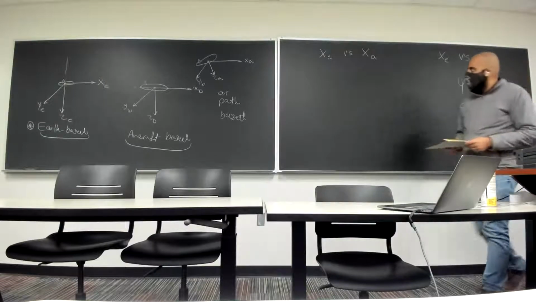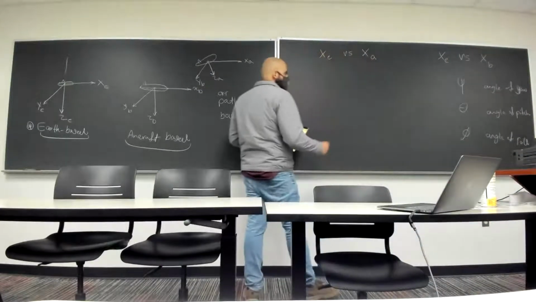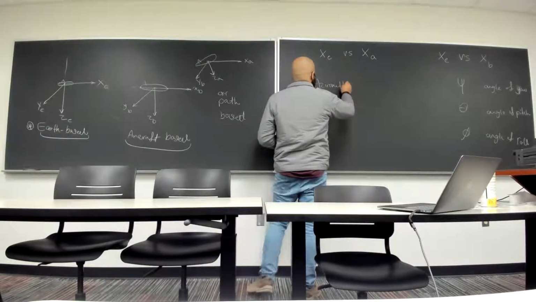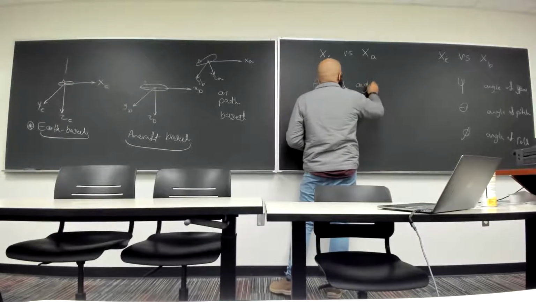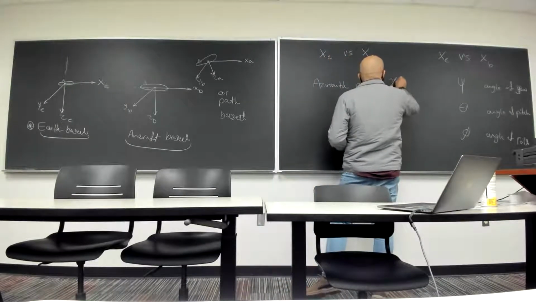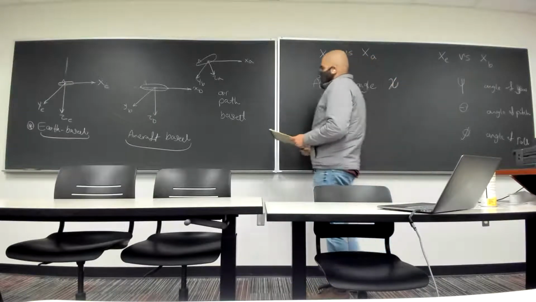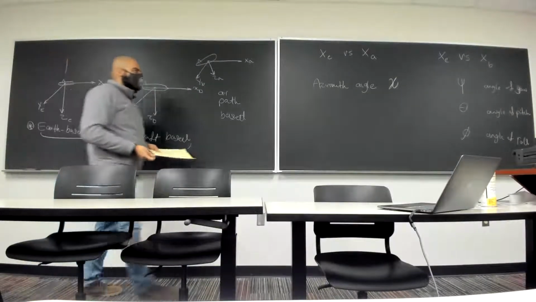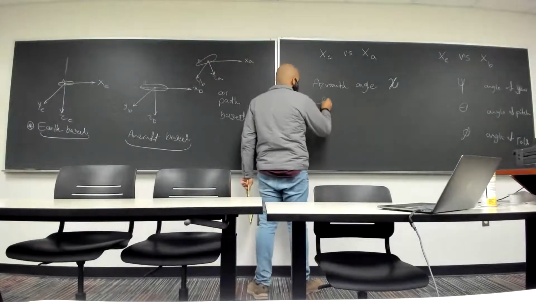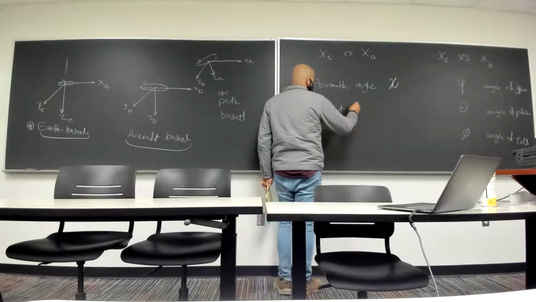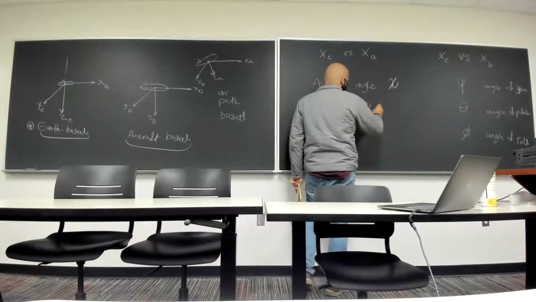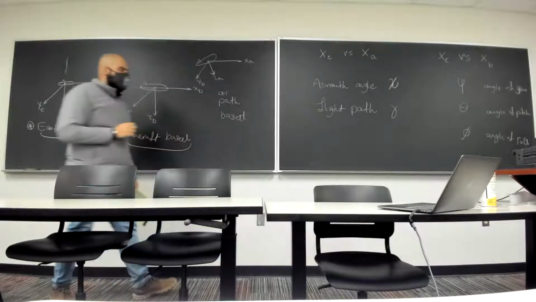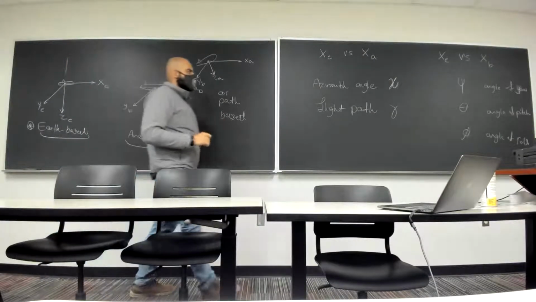So here we are going to have three different angles, as I said. First one is called the azimuth angle. I always have problems pronouncing this one. And then we have the flight path angle, which was the angle gamma that you mentioned. That's the angle XA makes with XE.